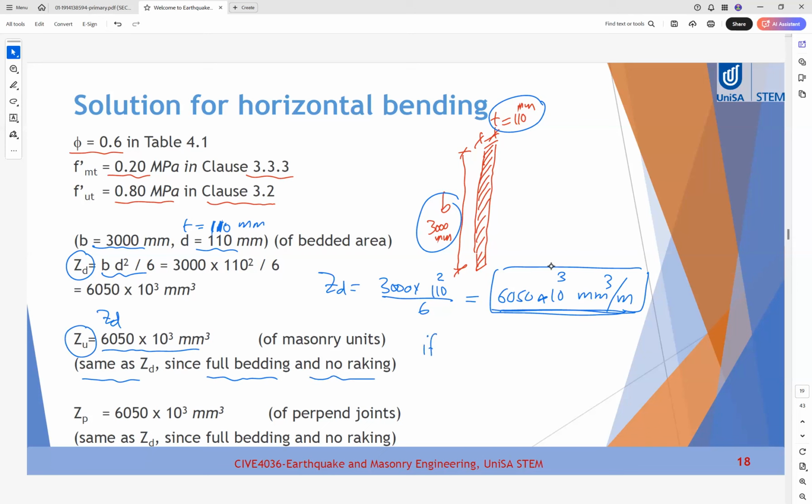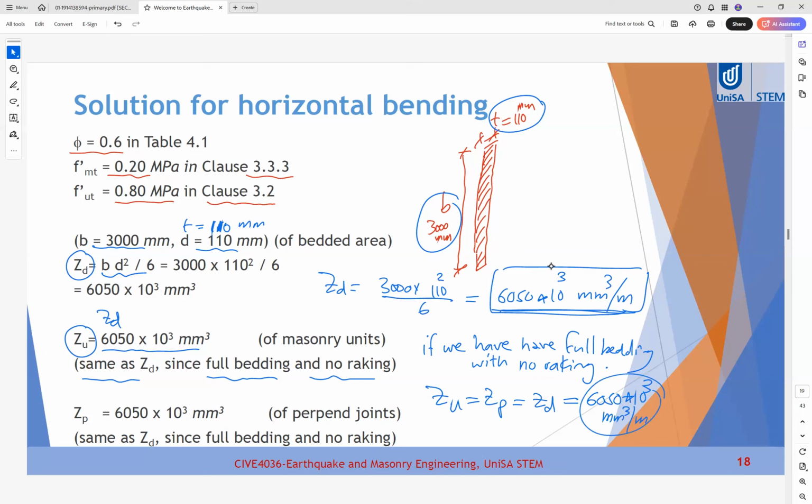So if we have full bedding with no racking, ZU and ZB will be equal to ZD, equal to 60.50 times 10 to the power 3 millimeter cubed over meter. So ZB, for the pre-bend joints, is also 60.50 times 10 to the power 3, same as ZD, since we have full bedding and no racking.